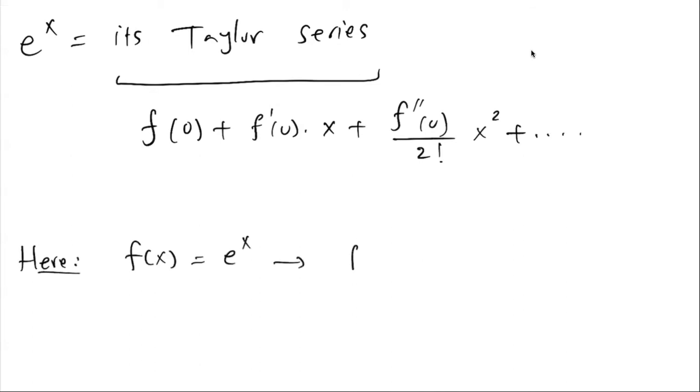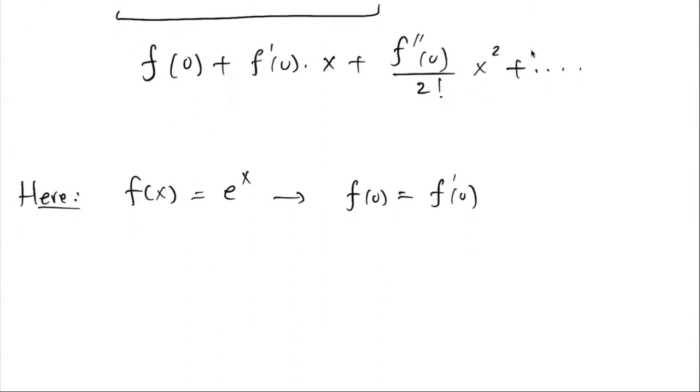So f of 0 is e to the 0, which is 1. And f prime of 0 will also be 1 because the derivative of e to the x is e to the x itself. The second derivative, again, is e to the x, and all derivatives are e to the x itself. So f of 0, f prime of 0, f double prime of 0, all these numbers will be 1, because all derivatives are e to the x. If you evaluate them at 0, you'll get e to the power 0, which is 1.